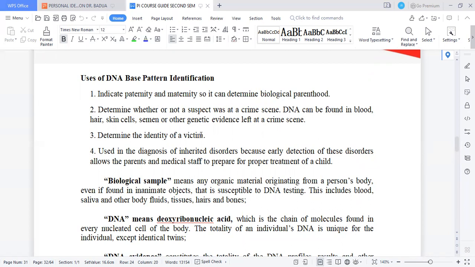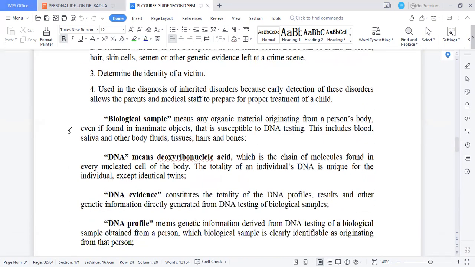For example, if a cadaver has been discovered, it is in this way that they could also establish the identity. And pertaining also to inherited disorders. So we can see now the relevance and importance of the examination of DNA based on the different patterns and the DNA strands.